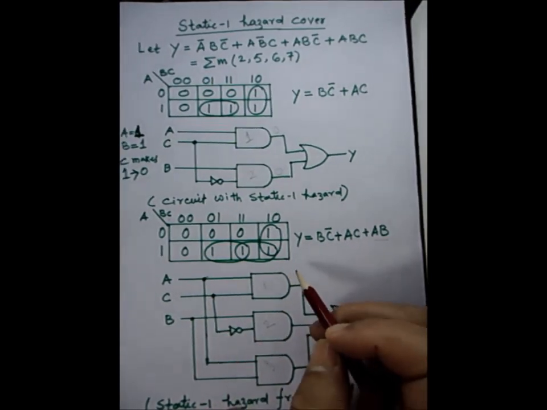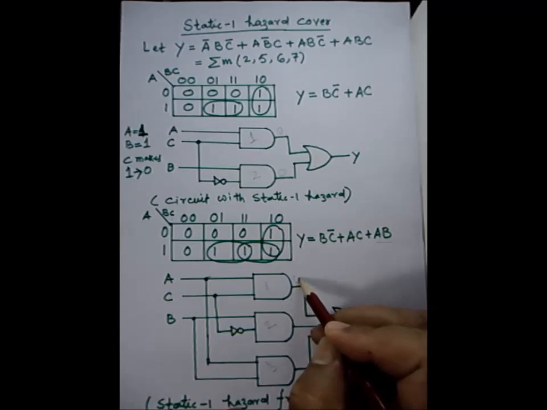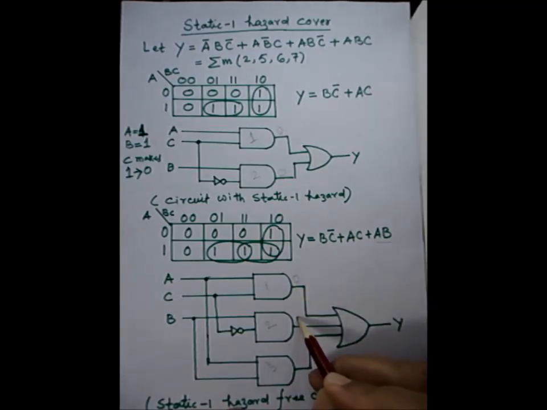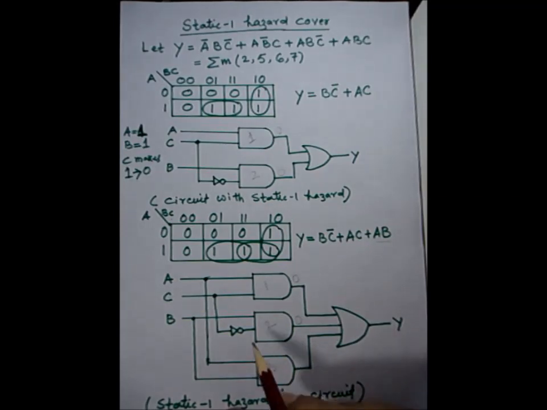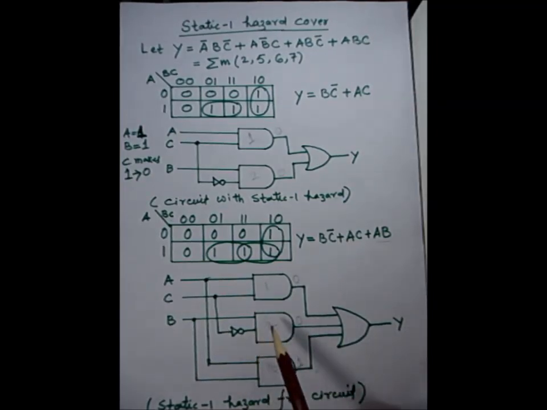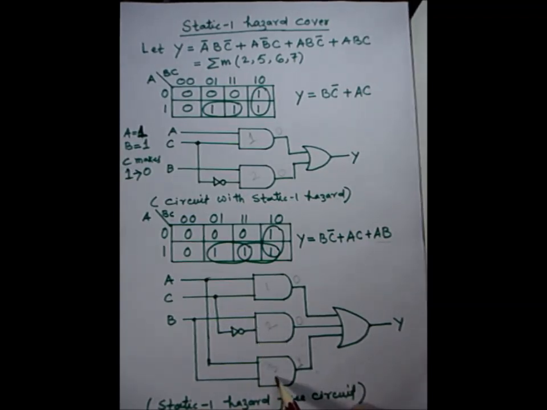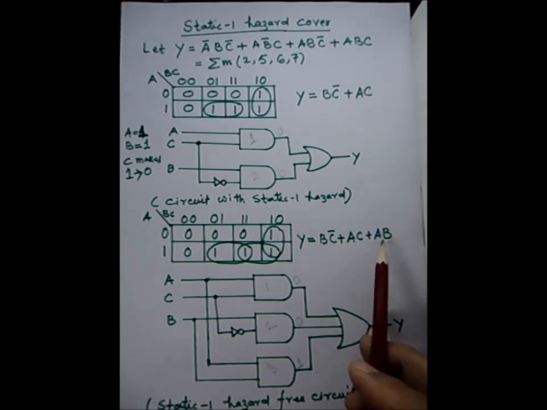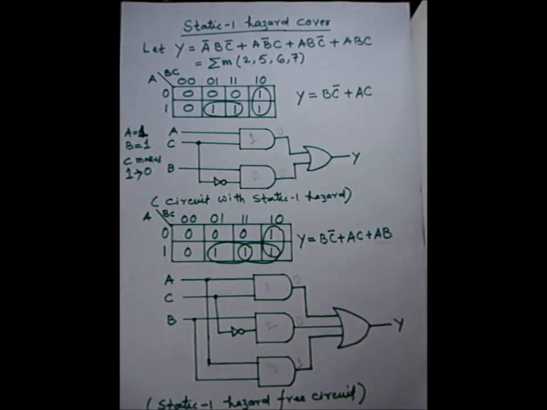Therefore, if C changes, the other terms become 0 immediately, and due to the transition time and the delay in the NOT gate they are also 0, but A and B do not change. Therefore this term is 1, the output is 1, and the output will remain 1. Therefore the hazard has been neutralized by the addition of a gate, A into B, and we can say this circuit is free from static 1 hazard.